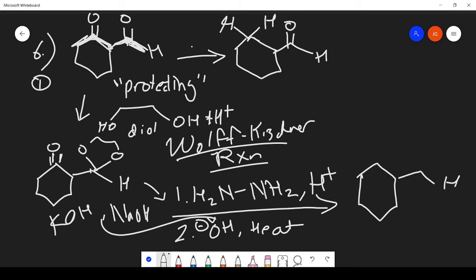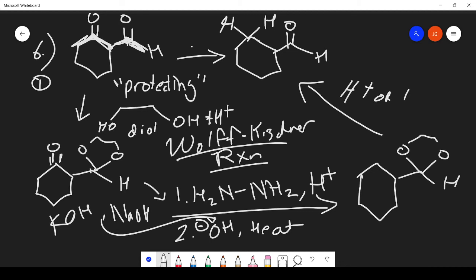And so boom, we are almost done. We just need to undo the addition of the diol to form a cyclic acetal. So we have to convert this back into our aldehyde. So how do we remove the shield? Pretty simple. We just add acid, H plus.